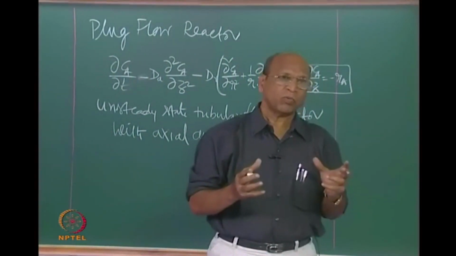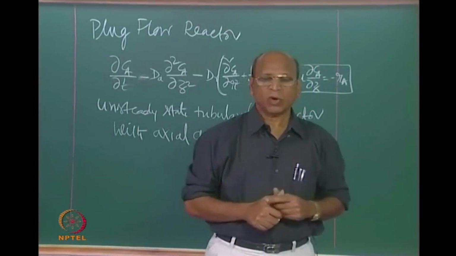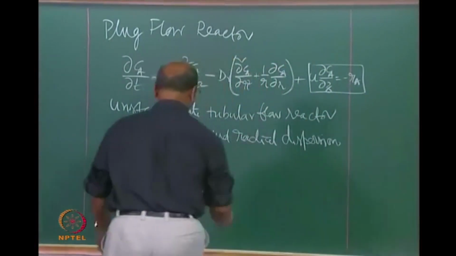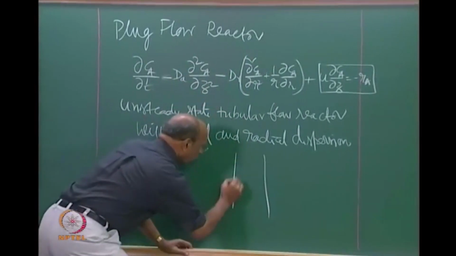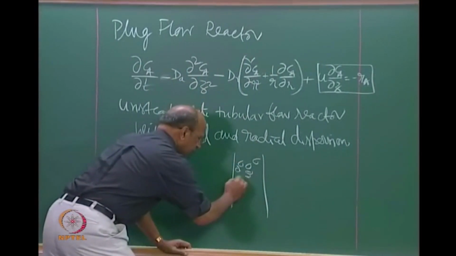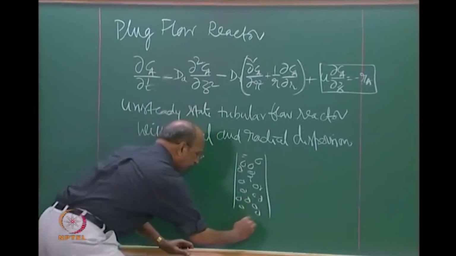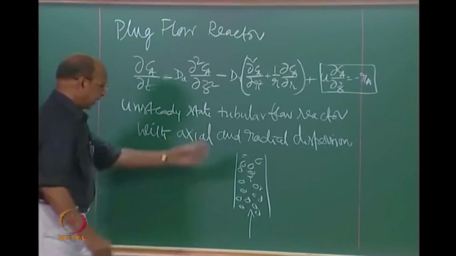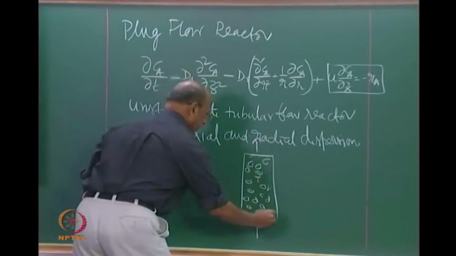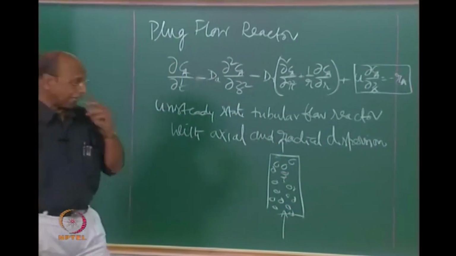Why? Flat velocity profile. What is the kind of velocity profile you will get in a packed bed? So I have packing here. I am sending reactant there, it is coming out. This is the packed bed.